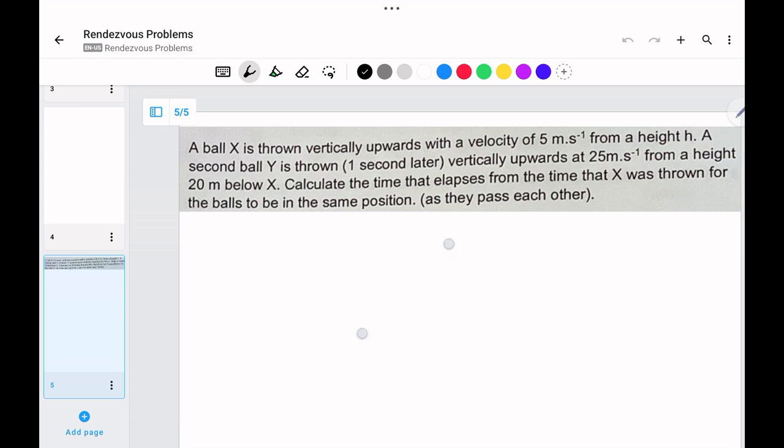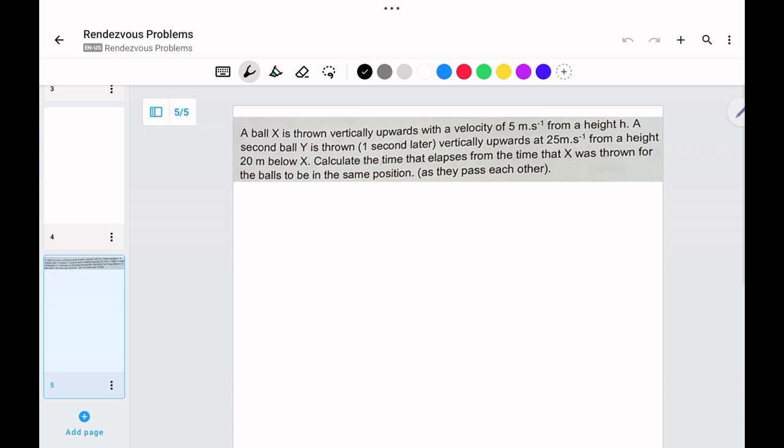Last one. This is a bit of a bonus. A ball X is thrown vertically upwards with a velocity of 5 meters per second from a height h.